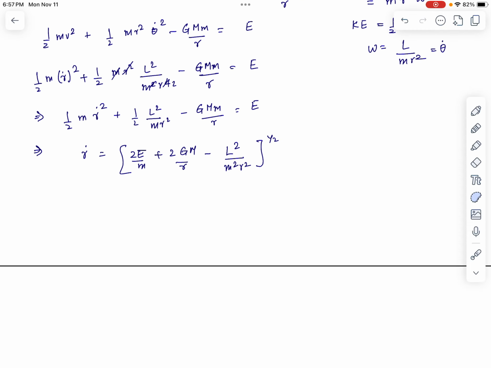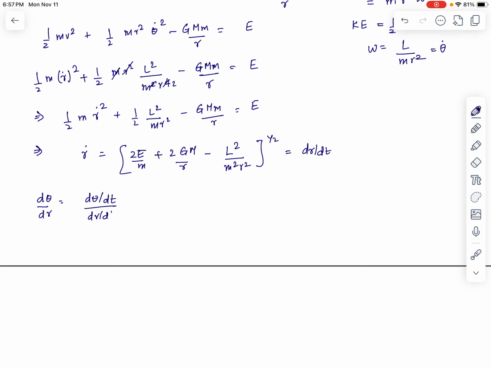So let's try to convert this into an equation that involves theta instead of r dot. So r dot is nothing but dr over dt, right? So what we can do here is we can write d theta divided by dr equals d theta over dt divided by dr over dt.